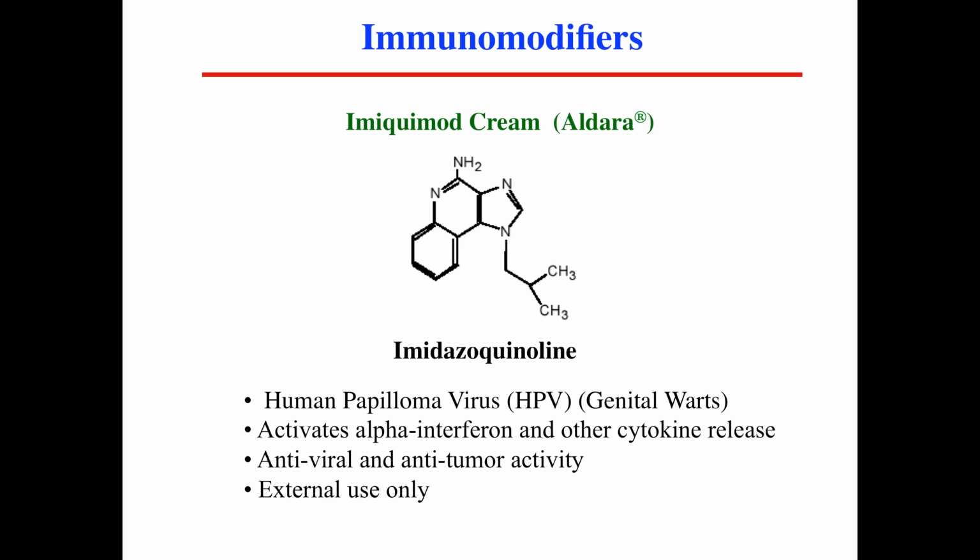Look at this point here where you have a purine type of substructure, and this is useful for papillomavirus infections, referred to as genital warts. It activates alpha interferon and other cytokines released by macrophages. So it has very good antiviral and anti-tumor activity.